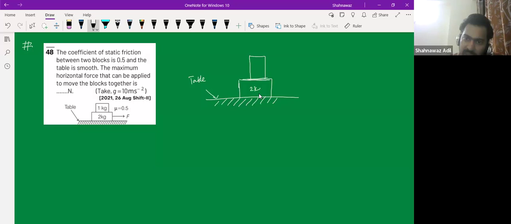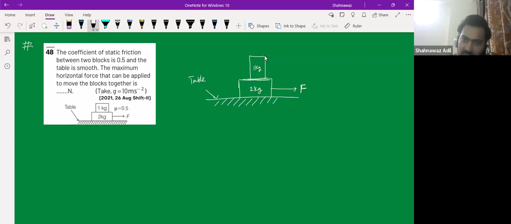This is 2 kg, this is 1 kg. And now this whole block is given F force. This is frictionless, so this block is given the F force, so this block will go along with it.